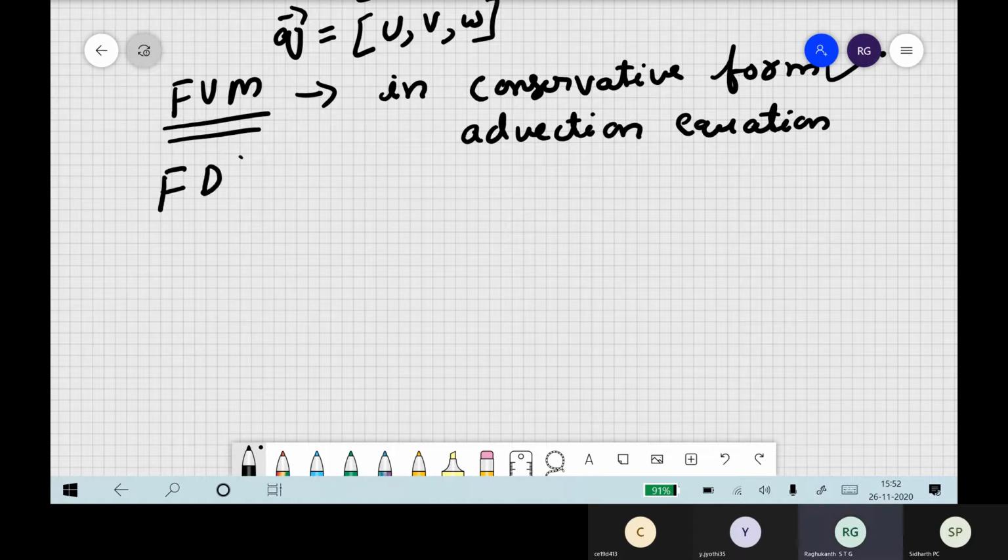Long back we discussed several formulations. They are the same equation, which you can write in several ways: the displacement formulation, the velocity-stress formulation, and a variety of other formulations in finite difference.